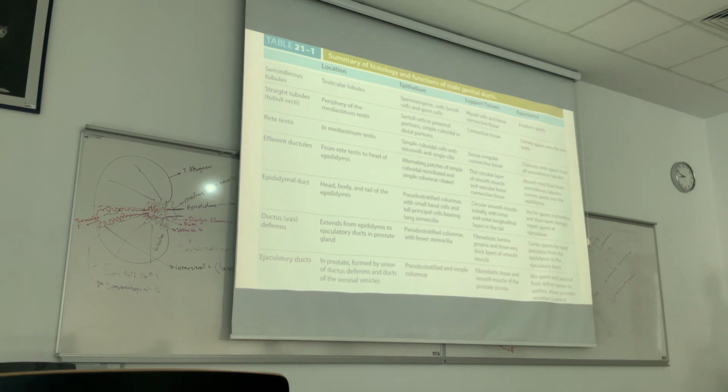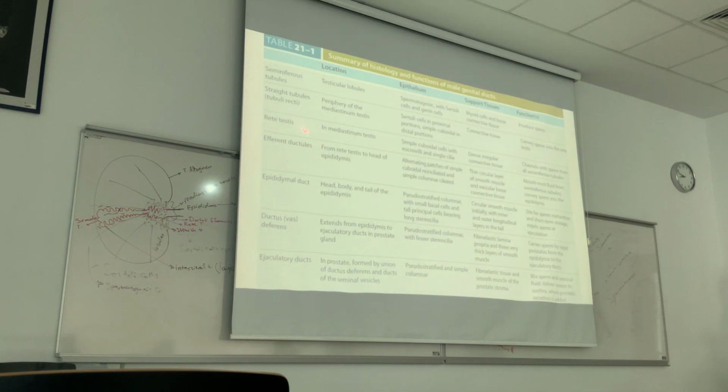And here you can see the different types of the epithelium. In seminiferous tubule, for example, we have special epithelium. In straight tubules, we have Sertoli cells in proximal part and simple cuboidal cells in distal portion of the straight tubules. In rete testis, we have simple cuboidal cells with microvilli and single cilia.